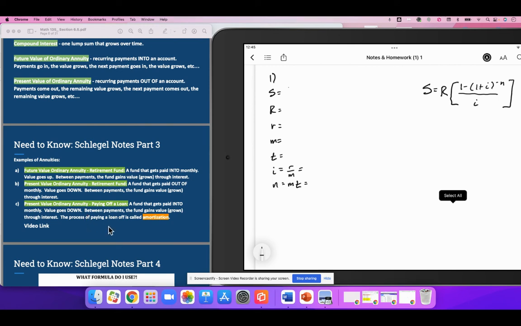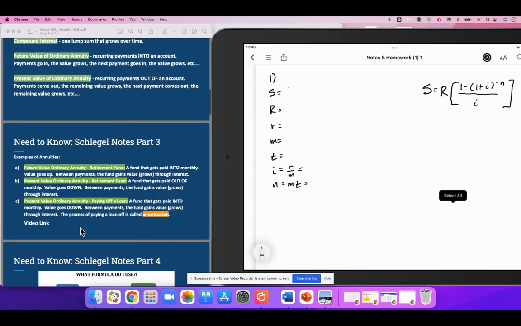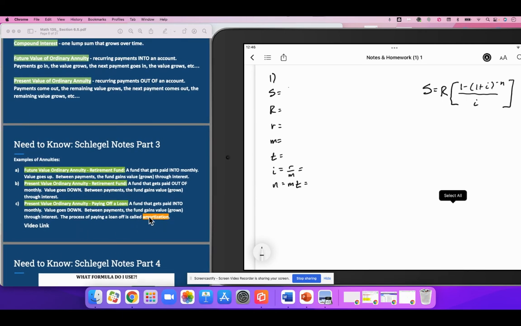And then lastly, in the need to know stuff for this video, I'll be back with another one in a moment, the word amortization refers to the process of paying a loan off. So when you hear the question, how long will it take to amortize this loan, that person is trying to sound smart and basically say, hey, how long is it going to take to pay off this loan?